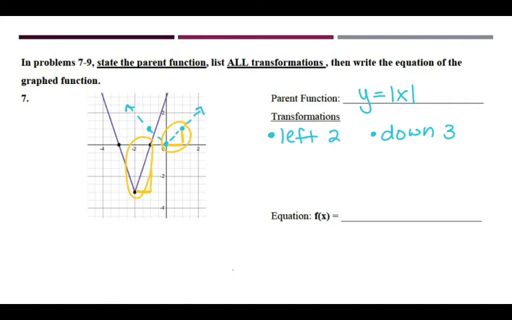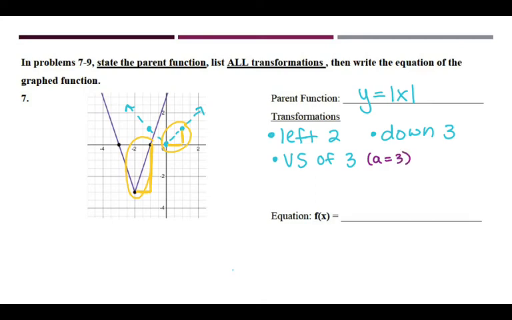But if I look vertically, these are 3 units apart. So that means I have a vertical stretch of 3. So I'm going to make a note, vertical stretch of 3. So what that tells me is that my A is 3.